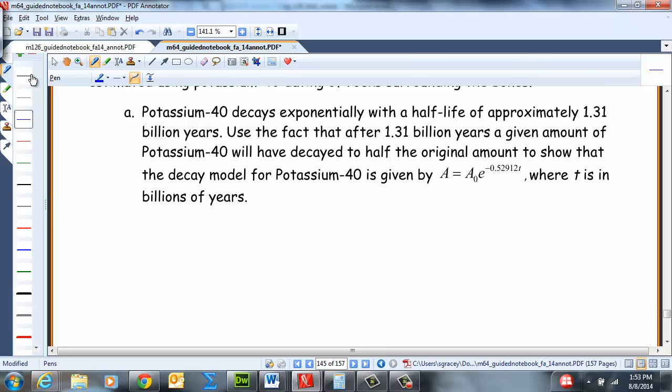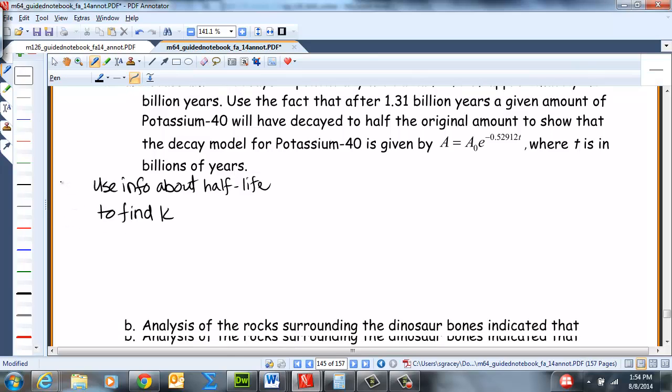So the first step is, instead of using time 0 this time, we are going to use info about half-life. And this is going to enable us to find k. And actually, that'll be the only step because that's what we're supposed to do.